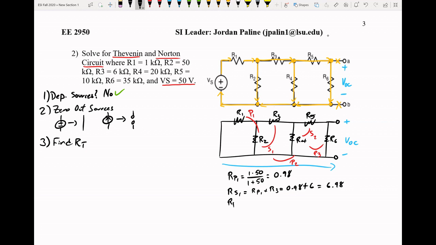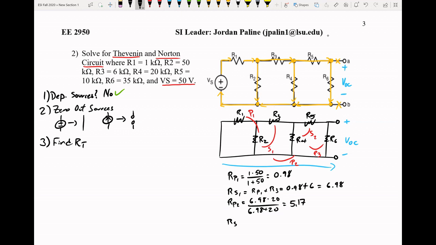Then R parallel 2 will be 6.98 in parallel with R4, which is 20, so 6.98 times 20 over 6.98 plus 20, which will give us 5.17.